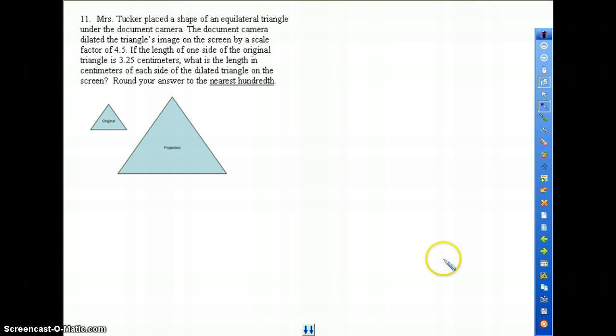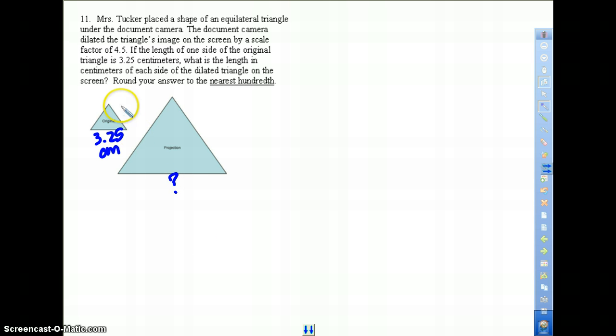Number 11. Mrs. Tucker placed a shape of an equilateral triangle under the document camera. This one right here. The document camera dilated the triangle's image on the screen by a scale factor of 4.5. If the length of one side of the original triangle is 3.25 centimeters, what is the length in centimeters of each side of the dilated triangle on the screen?